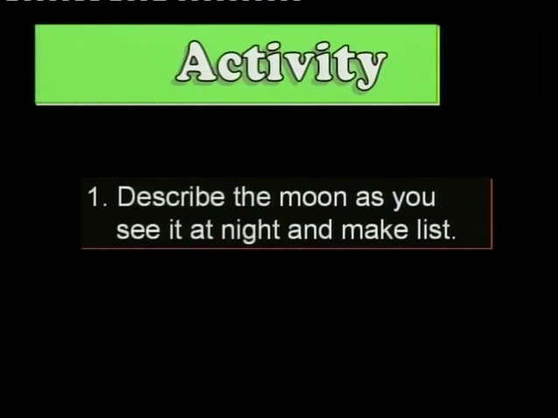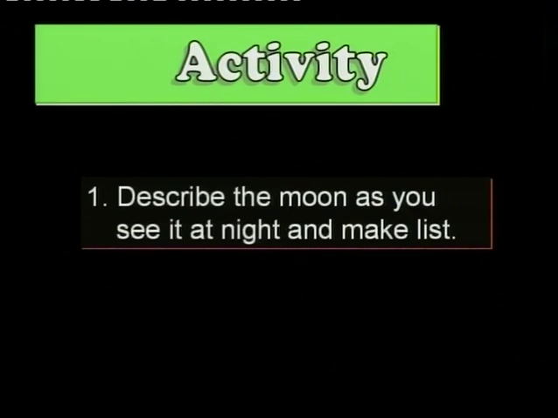We can discuss describing it and then just make a list of what the moon is like. By listing it, you're describing what the moon is. You can describe it during your discussion, and when you make a list of it, that means you are describing it also.